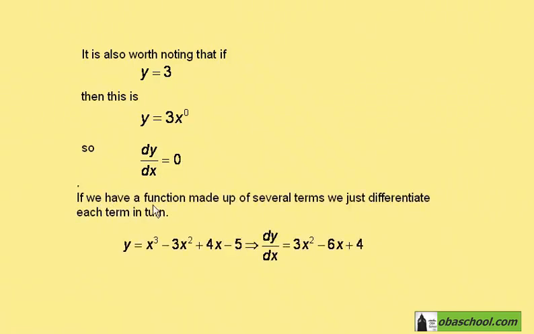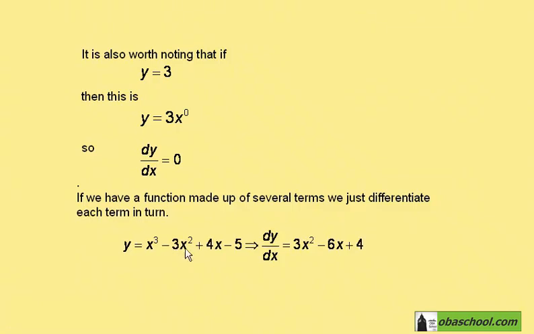If we have a function made up of several terms, we just differentiate each term in turn. So if we have y is x cubed minus 3x squared plus 4x minus 5, then dy dx is the x cubed differentiates to give 3x squared.